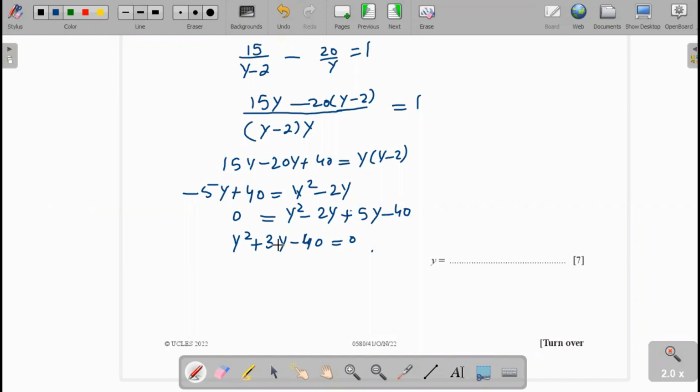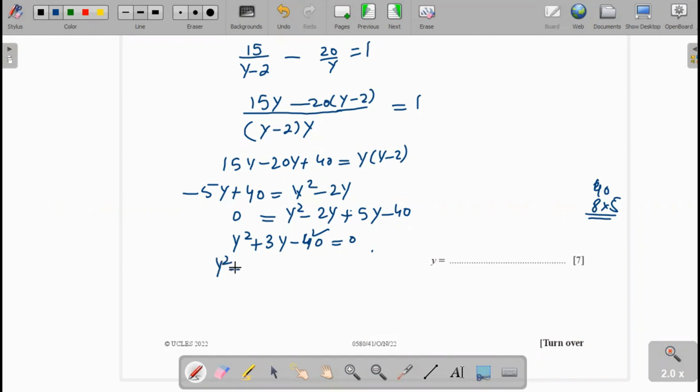This is the quadratic expression. Now we can factorize it by using the middle term breaking rule. Here we take the factors of 40: 8 and 5. When we subtract these we get 3, and when we multiply, the answer is minus 40.